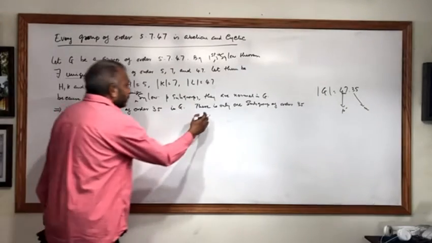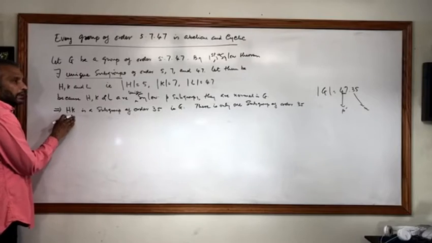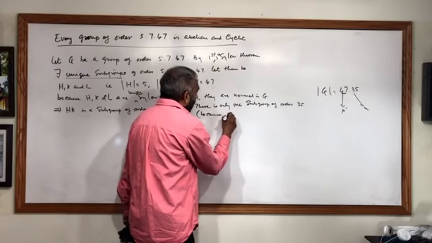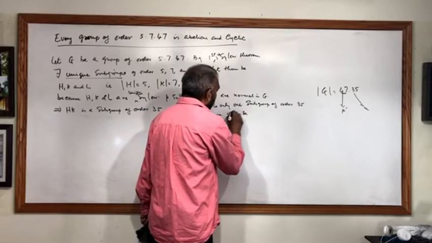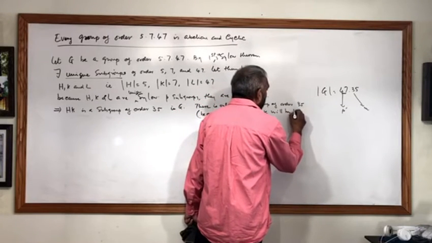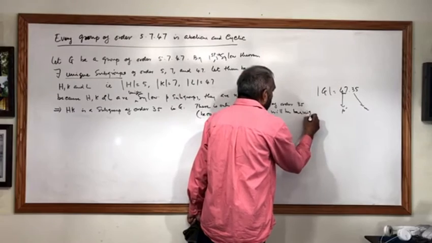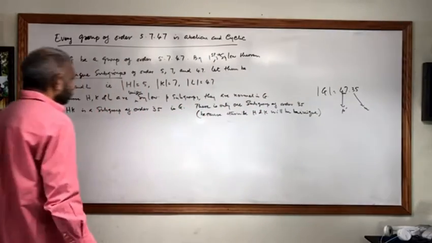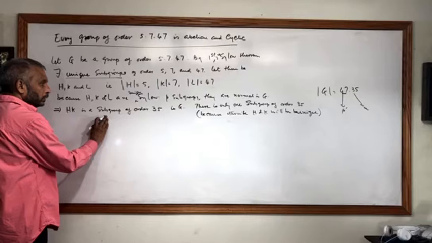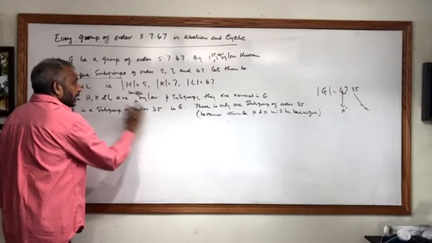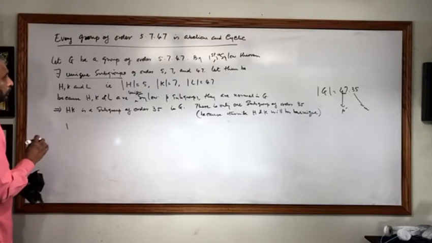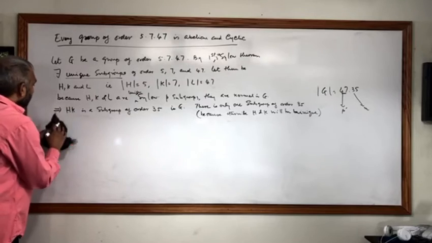Because otherwise we'll have a different H and K, otherwise H and K will not be unique. So HK is a subgroup of order 35.